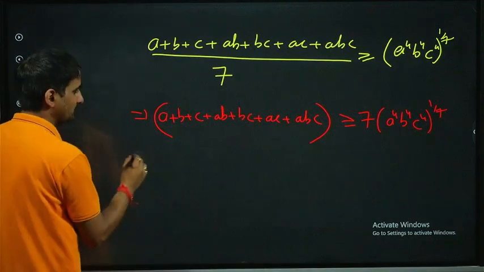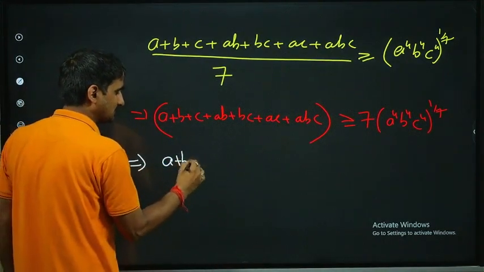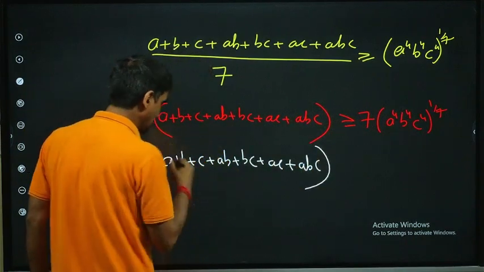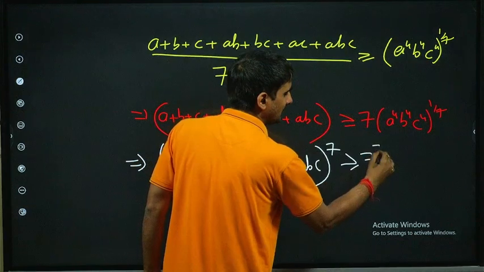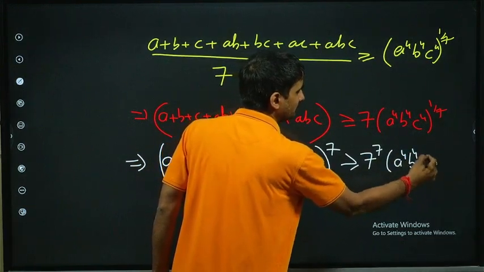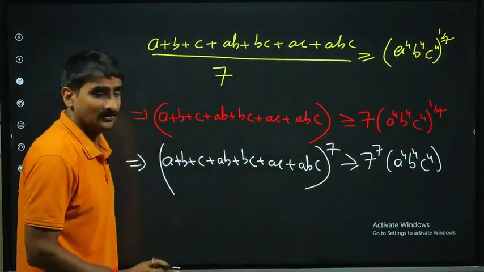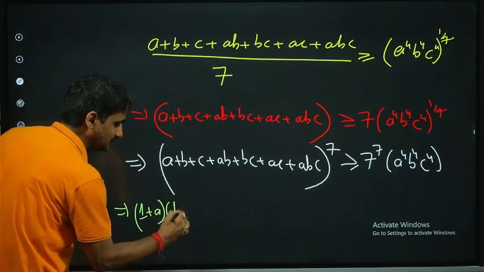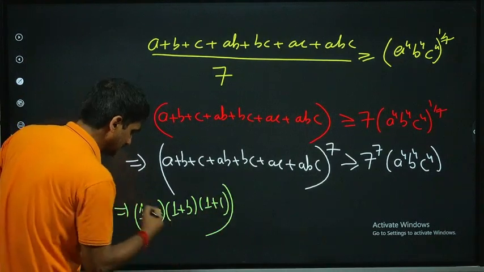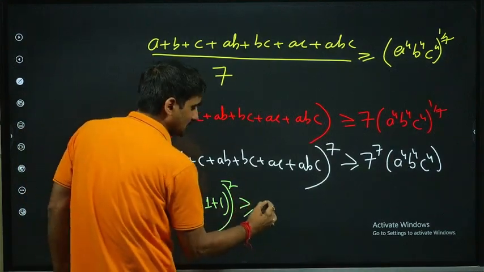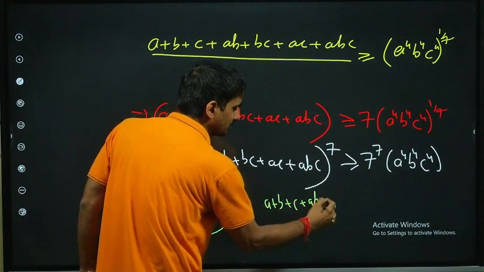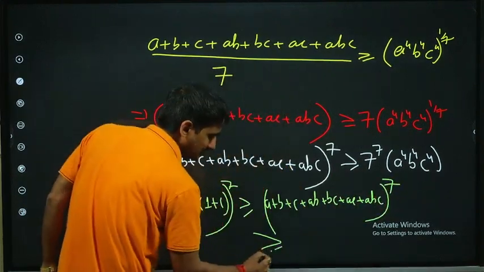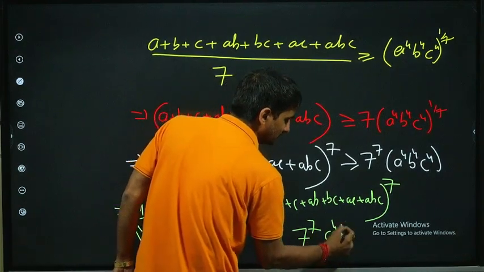Raising to the power 7 on both sides, this implies (A + B + C + AB + BC + AC + ABC) whole raised to the power 7 is greater than or equal to 7^7 A^4 B^4 C^4, and that's it. The important thing is, since (1 + A)(1 + B)(1 + C) whole raised to the power 7 is greater than or equal to (A + B + C + AB + BC + AC + ABC) whole raised to the power 7, hence this is greater than or equal to 7^7 A^4 B^4 C^4.